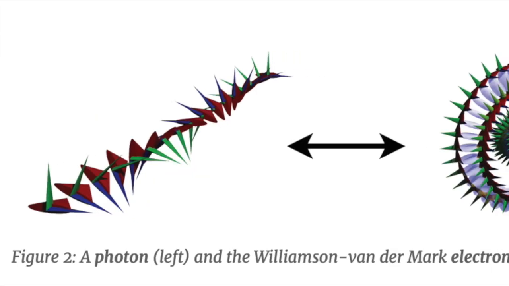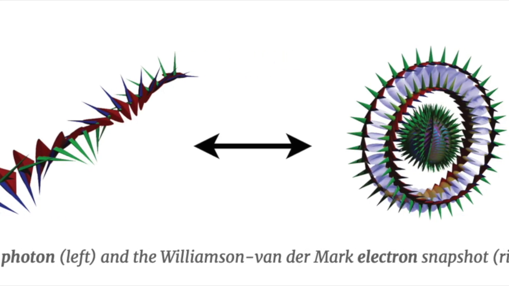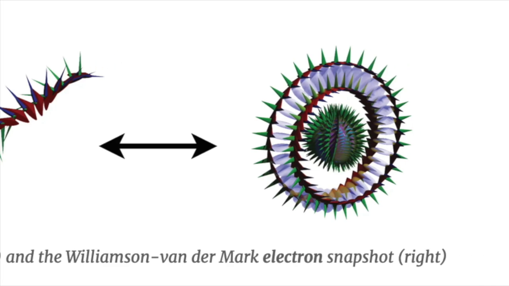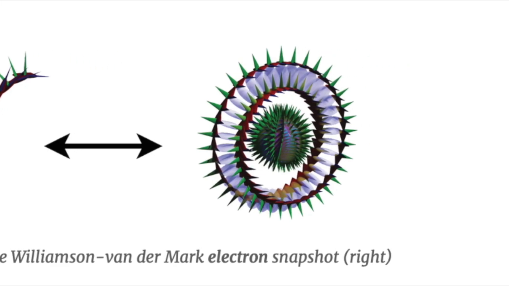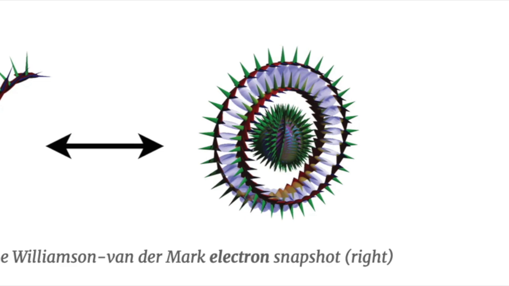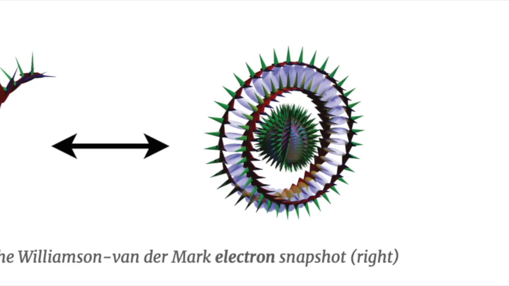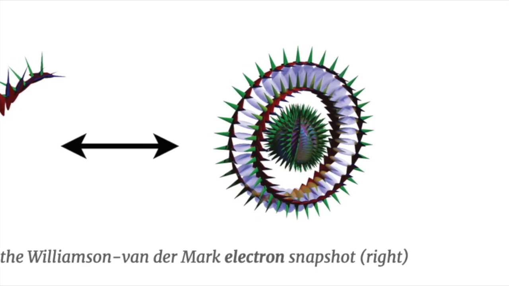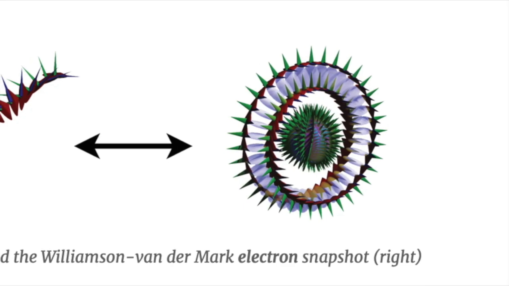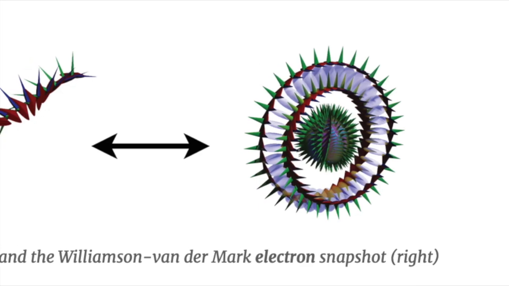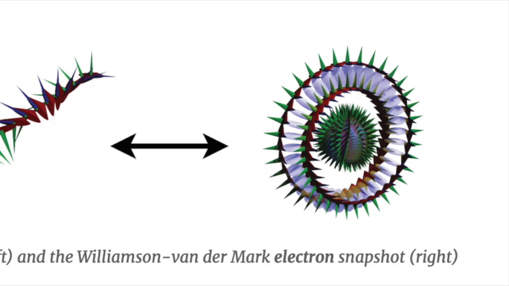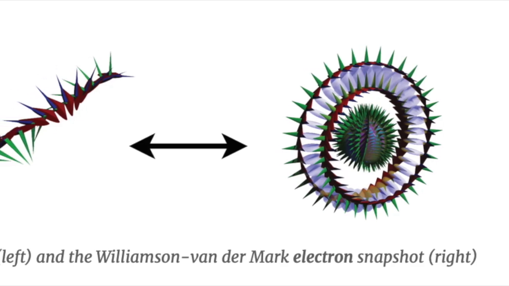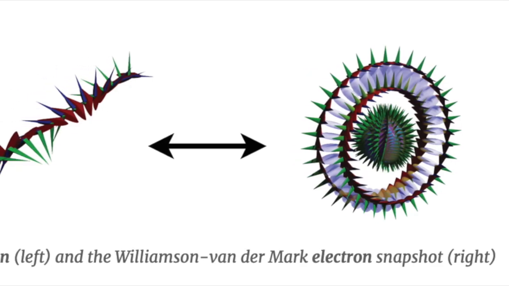And here's just another perspective of the linear, normal EM wave, the light wave, converting into the double circular electron or matter wave. What's interesting is the double circular model gives you the spin 1/2. So you have to rotate twice in order to get back to your starting position.